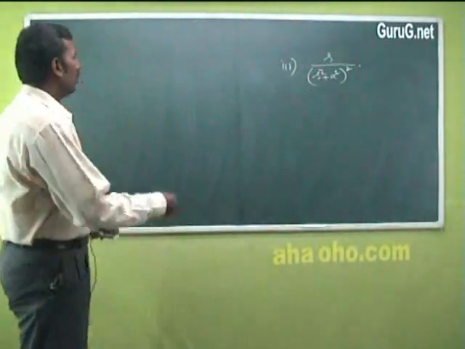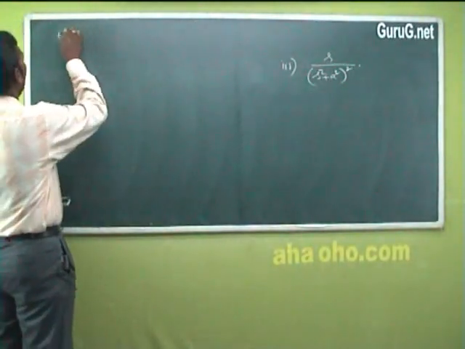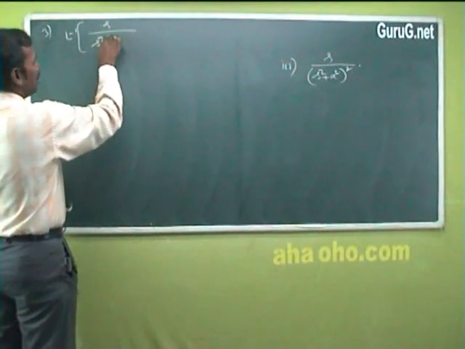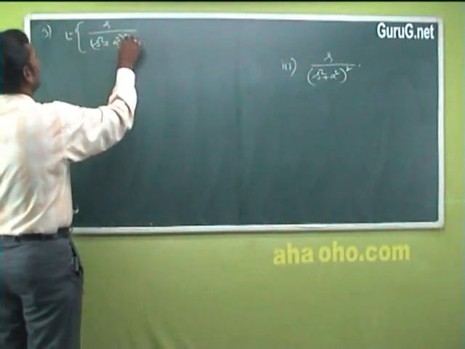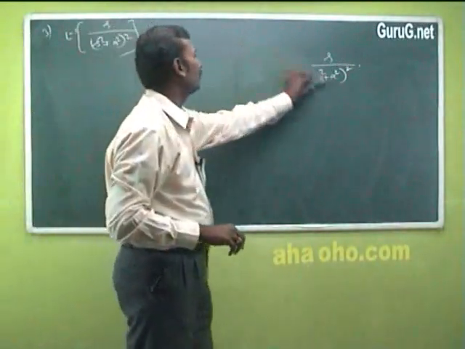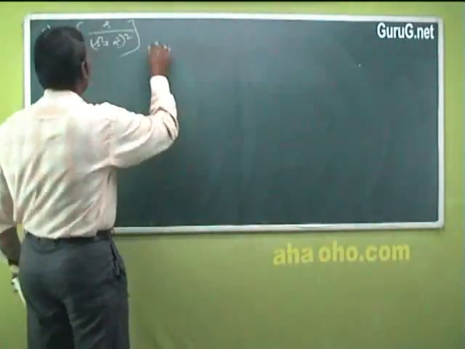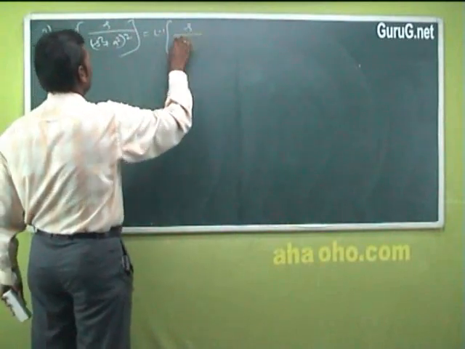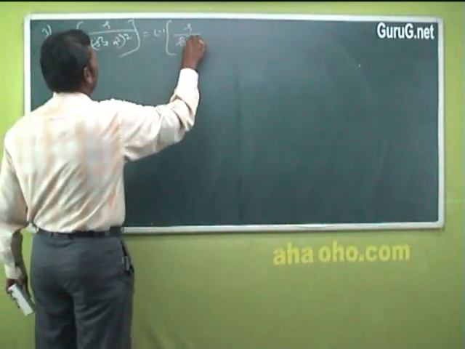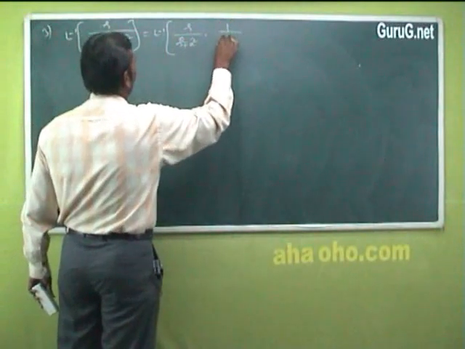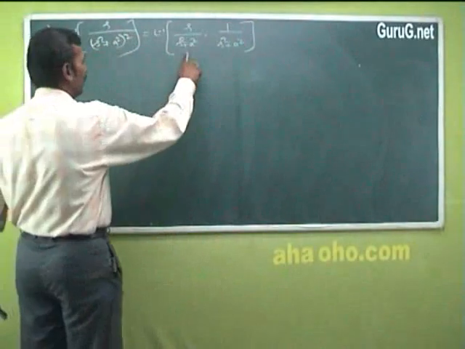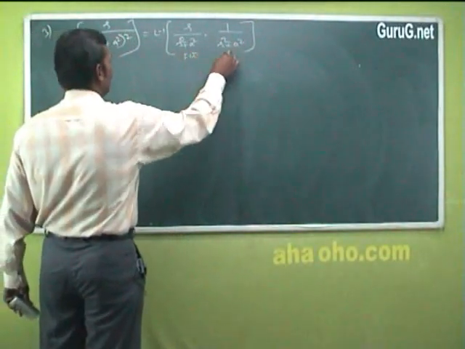Now the third problem. L inverse of s by s squared plus a squared, the whole square. I can write this as s by s squared plus a squared into 1 by s squared plus a squared. Now this is f of s and this is g of s.